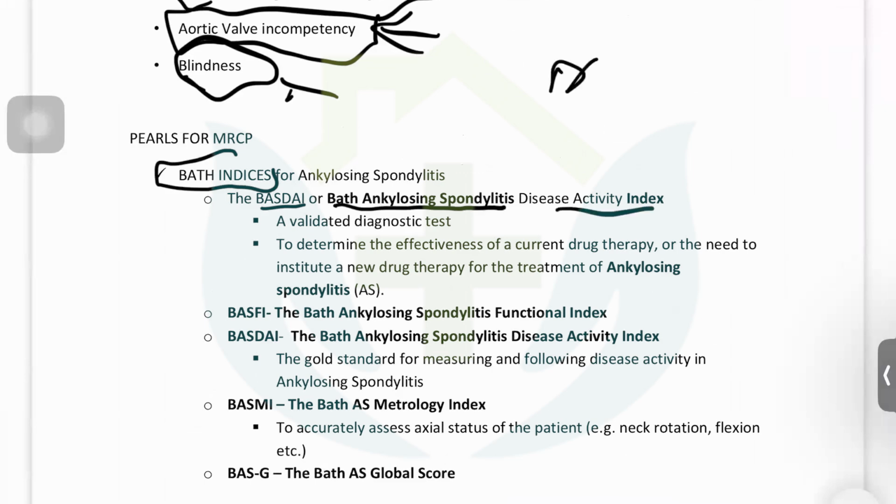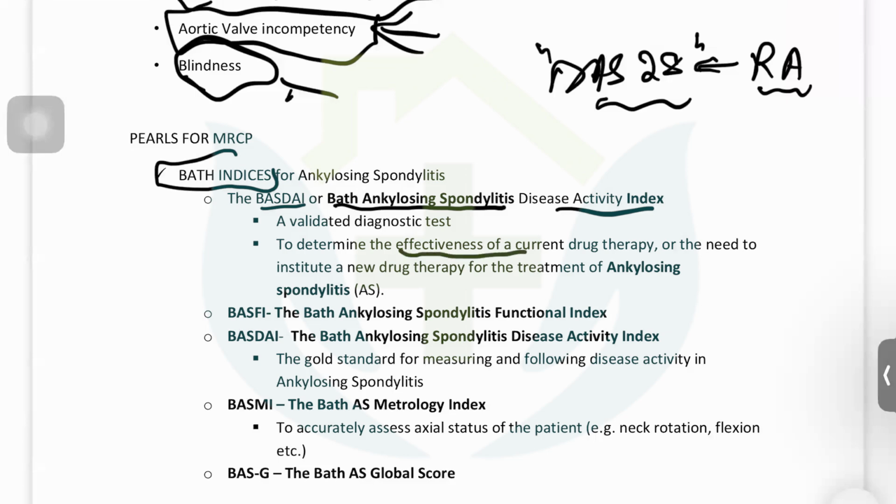We all remember DAS28, which is used for rheumatoid arthritis, and Bath indices like BASDAI are used for ankylosing spondylitis. So it is a validated diagnostic test, and it also helps to determine the effectiveness of current drug therapy and planning to shift the therapy from non-steroidals to disease modifying biologicals.